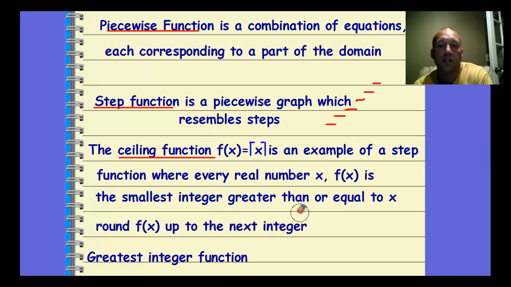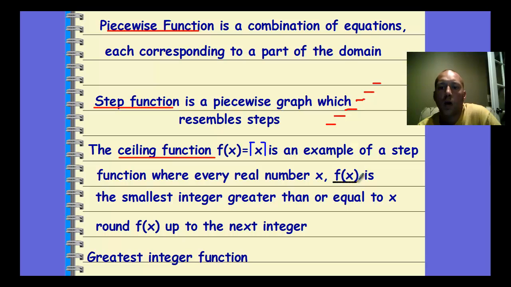So it's a complicated definition, but it comes down to which way you are rounding, and for ceiling functions you're rounding up to the ceiling. So we want y to be the smallest integer greater than or equal to x, so basically you're rounding up to the next integer.